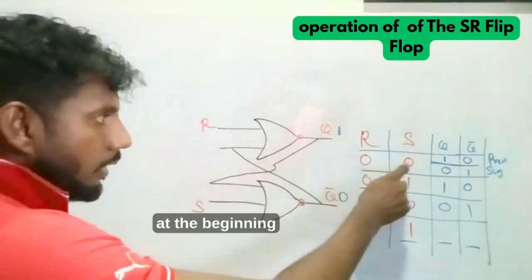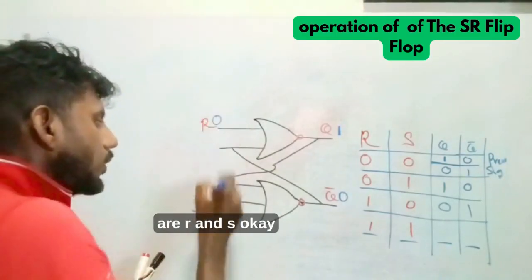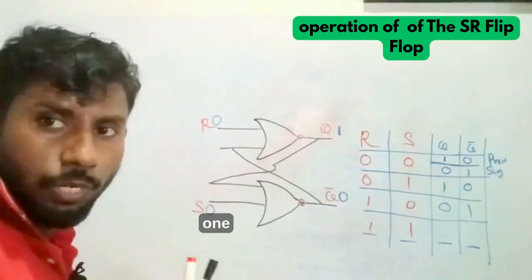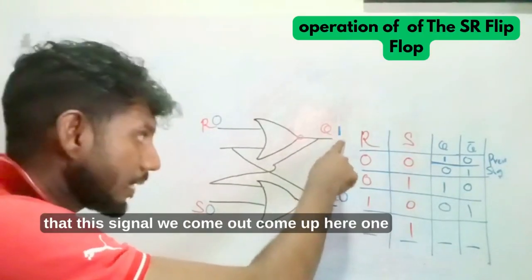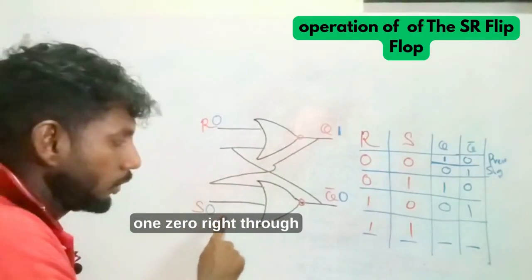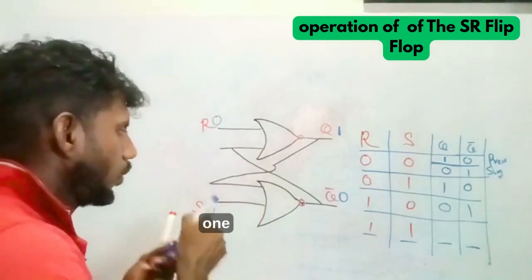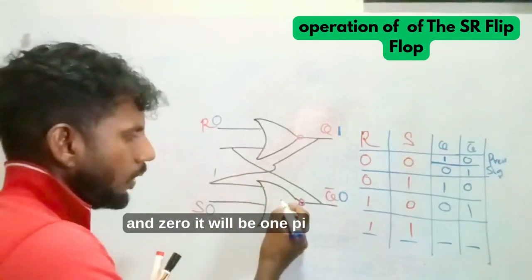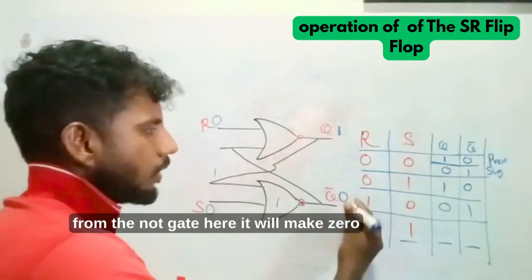So at the beginning, the signals are R and S. This signal will come up here, 1, 1, 0. Through the OR gate, 1 and 0 will be 1, and from the NOT gate here, it will make 0, correct.